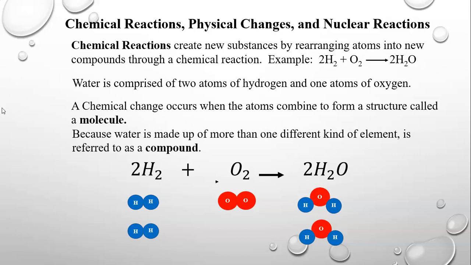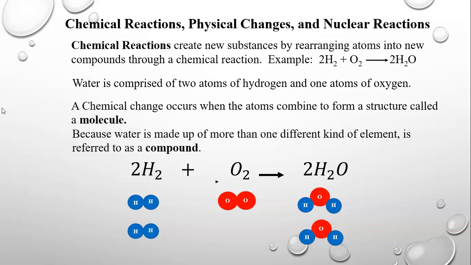They don't exist by themselves. You won't find just a hydrogen atom or an oxygen atom floating around in the atmosphere. They always like to pair up with, in the case of hydrogen, another hydrogen, or an oxygen, another oxygen, to form what's called a diatomic molecule. It means 2-atom molecule. So the H2 with the small 2 means that you have 2 atoms combined to form an H2 molecule of hydrogen.